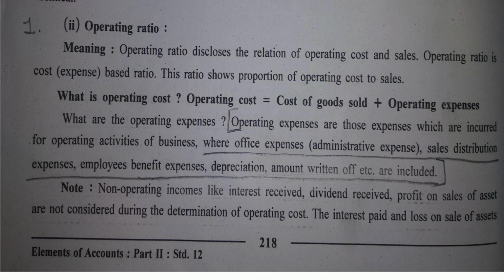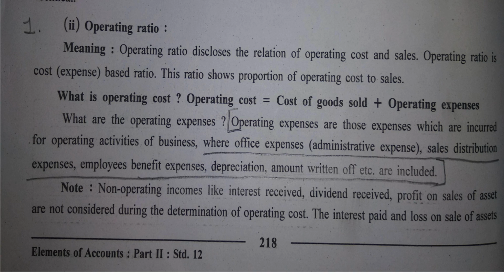This is the second lecture for chapter 5. So what is operating cost? It is cost of goods sold plus operating expenses. We already know what COGS is and how to find it. Now we are going to talk about operating expenses, which is a new thing here.